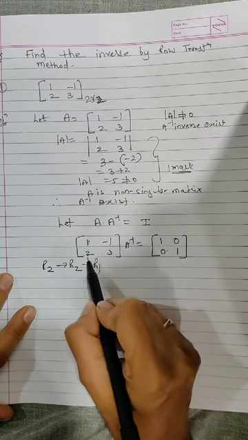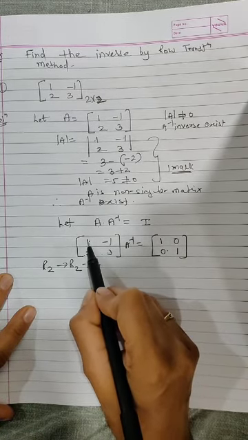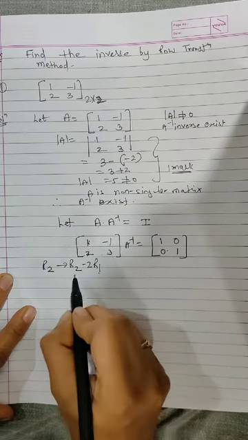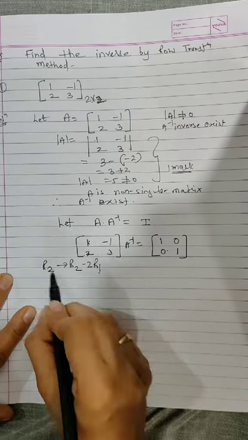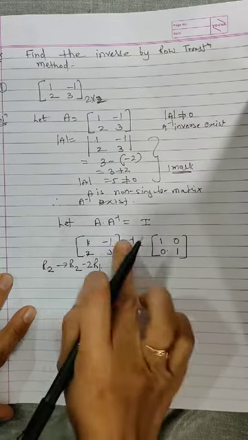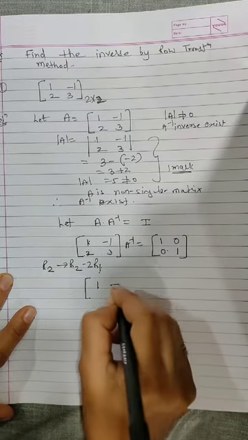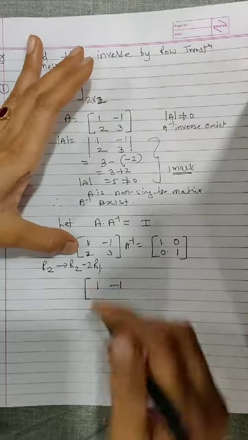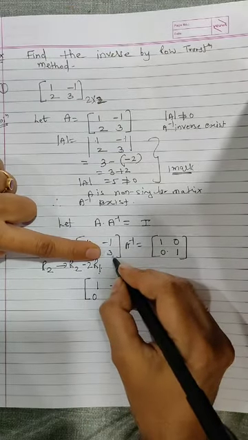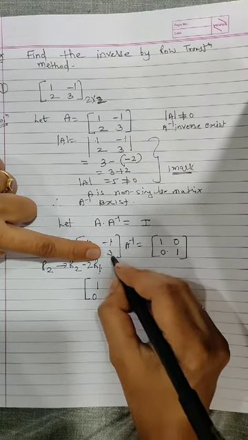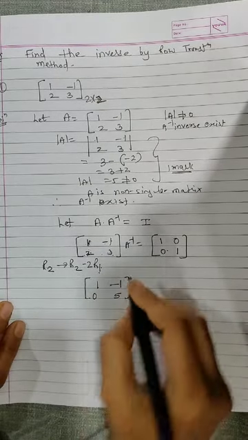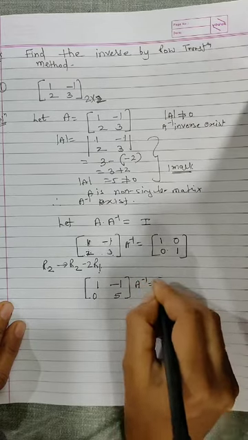We want this element as 0. 2 into 1 is 2, so R2 minus 2 R1. So R2 changes to this. There is no change in R1, so R1 will be as it is. Now perform the operation for corresponding elements. 2 minus 2 is 0. Now in R2, 3 minus 2 into minus 1 means plus 2, so 3 plus 2 is 5. In this way we perform the operation. A inverse will be as it is.